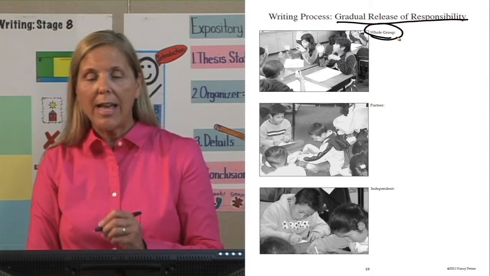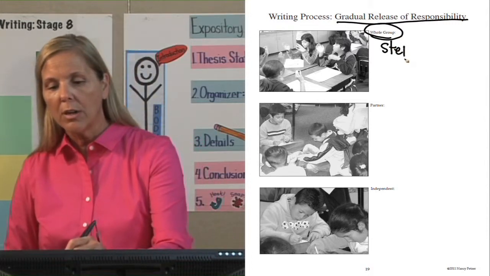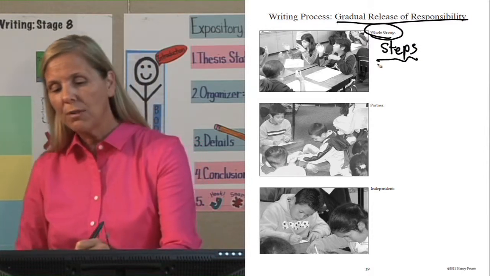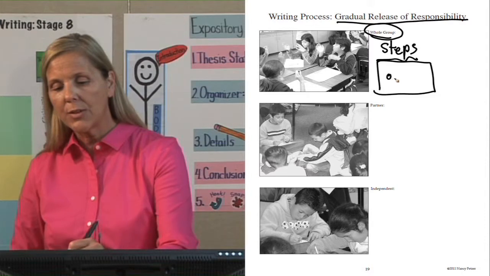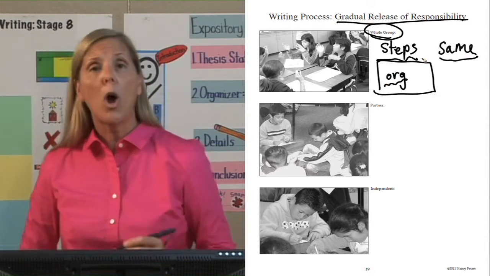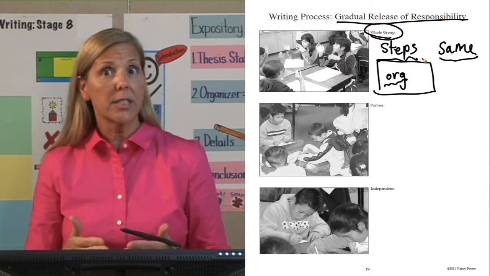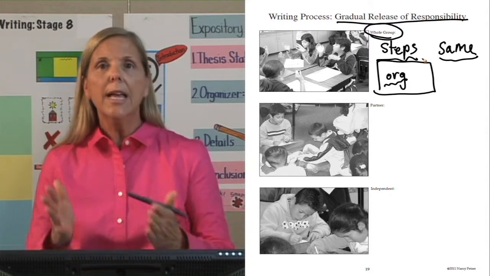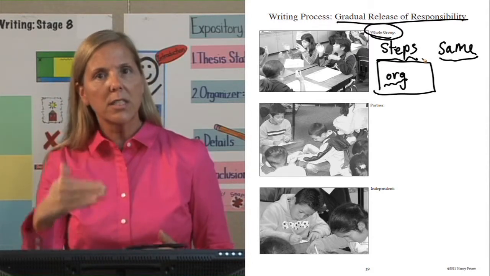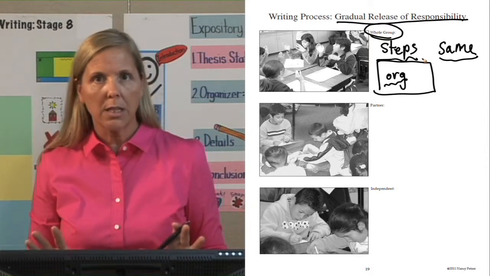That means that everyone in the class is going to, together, follow the steps of that stage of writing to fill in their organizers. We're all going to be writing about the same thing. Why? Because if I have everybody, and in this case, let's say writing narratives, everybody is writing a different narrative, plus I'm trying to teach that stage of writing where we follow the steps, it becomes a crazy mess in the classroom.